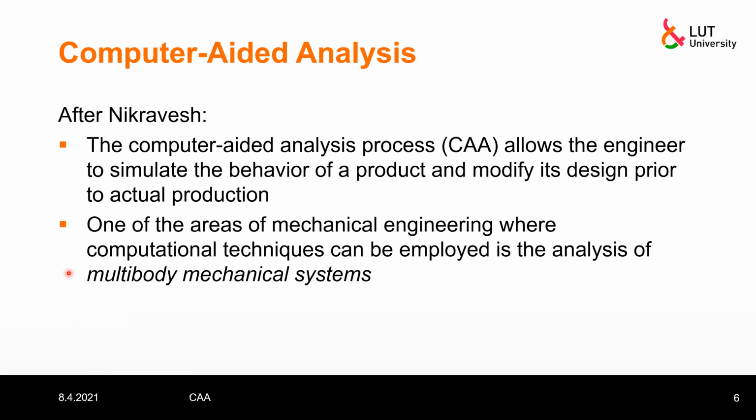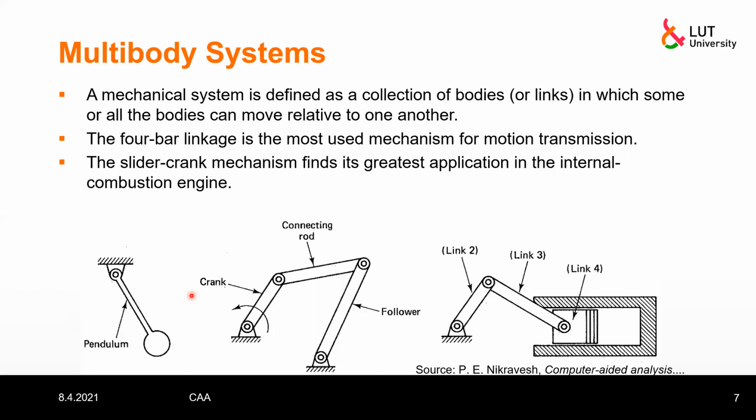Next, we already talked about how computer-aided analysis allows engineers, in our case mainly mechanical engineers, to simulate the behavior of a product before it is prepared. We use a technique called multi-body system dynamics, modeling multi-body mechanical systems.